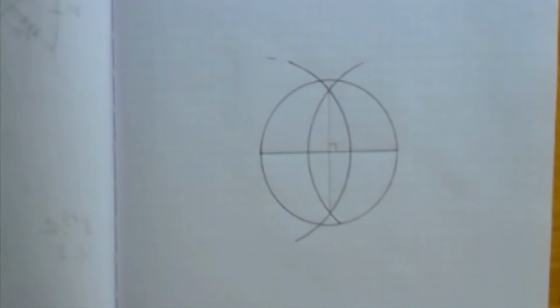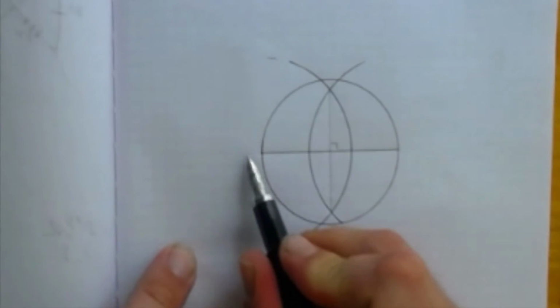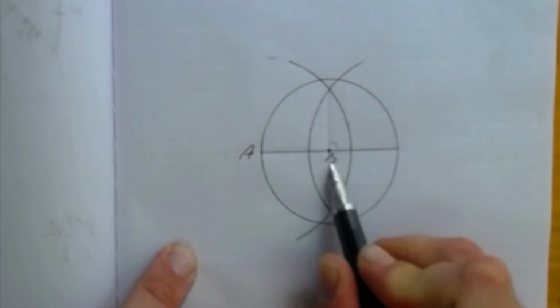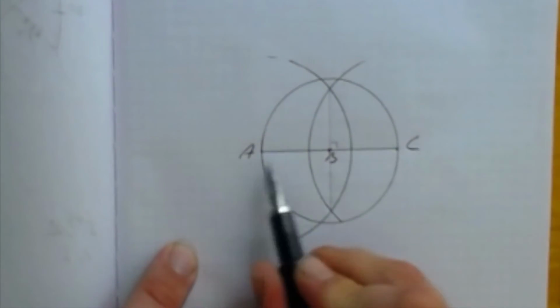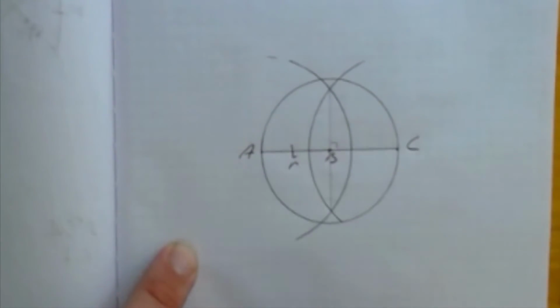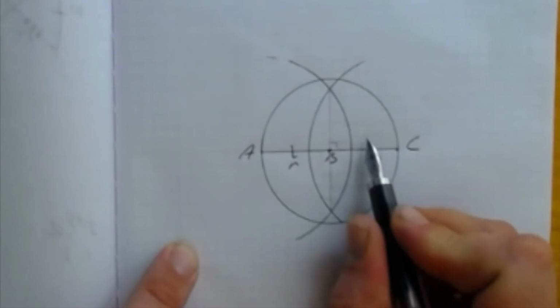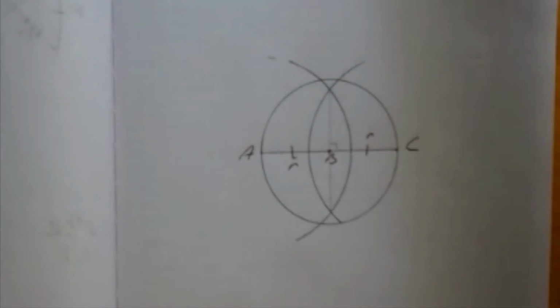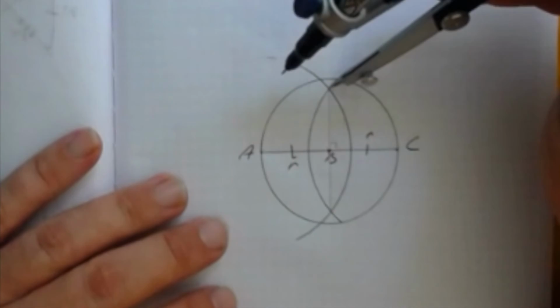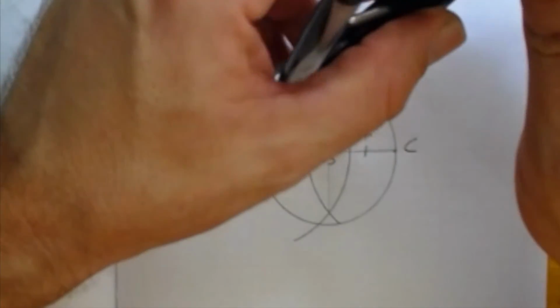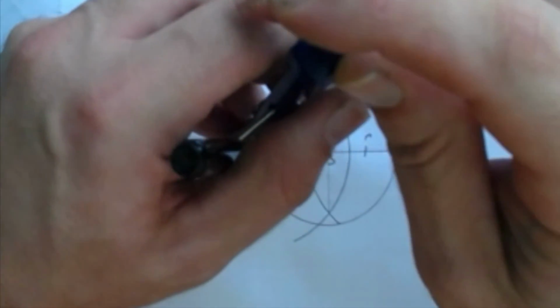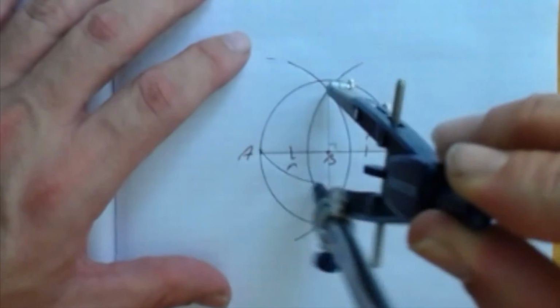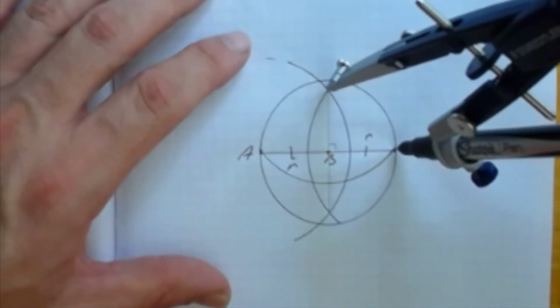If I mark these points and give them names like A, B, and C, from A to B is the radius length, and from B to C is the radius length. Another thing I could then show is that my distance from this cross to A is the same distance as it is to C.